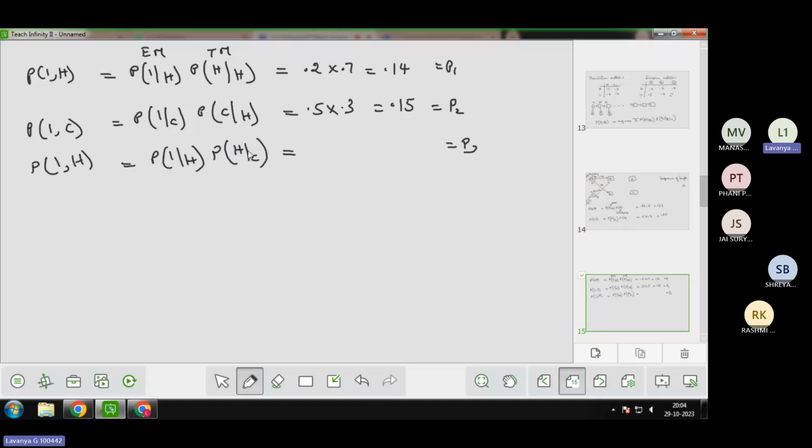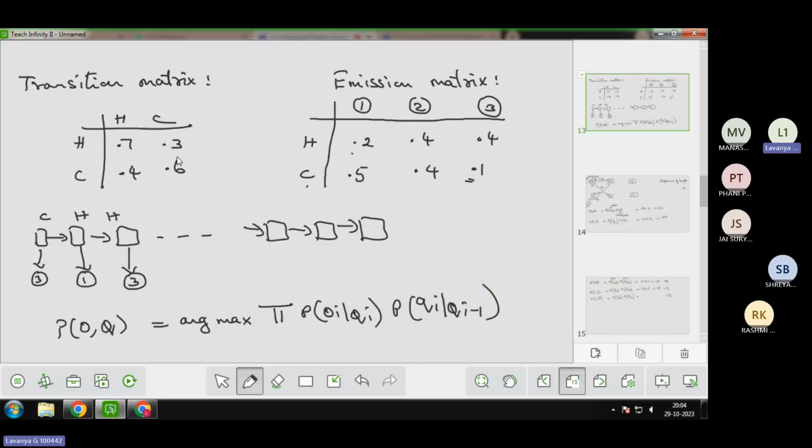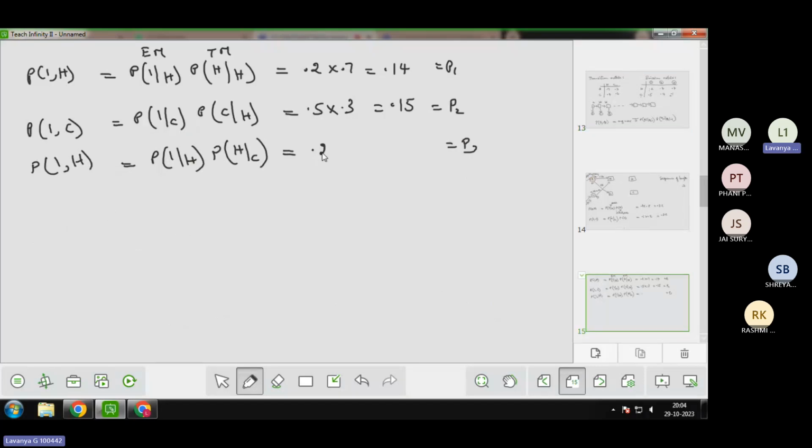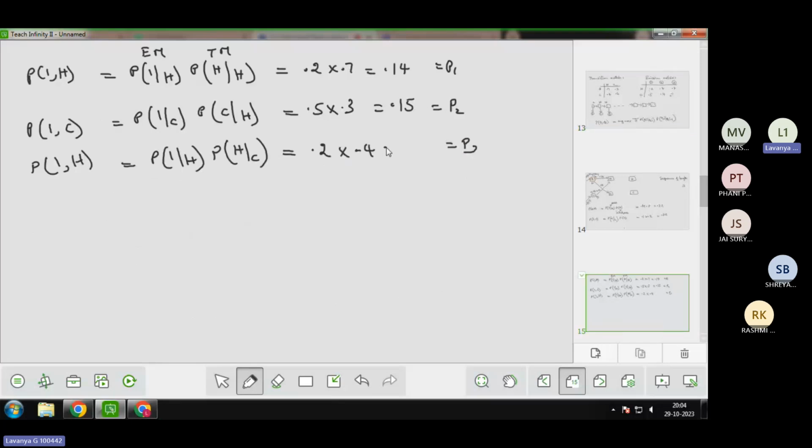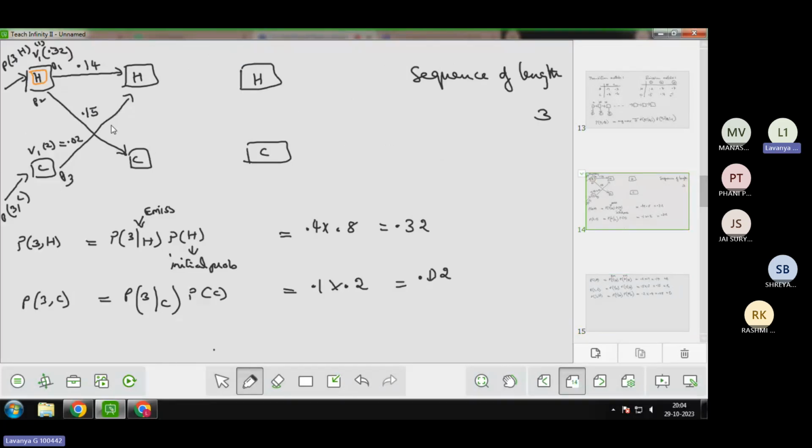So 1 restricted to H is 0.2 into, from C I'm going to H. From C going to H is 0.4. So into 0.4, which is 0.08. So this value will be 0.08. Similarly, I have to go from cold to cold.